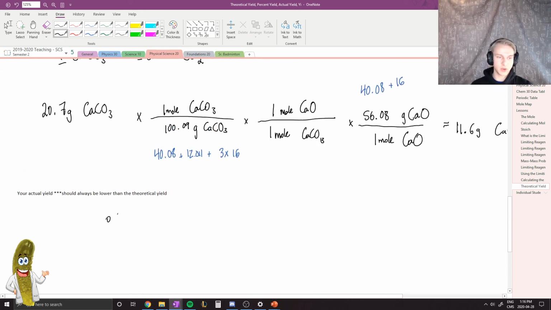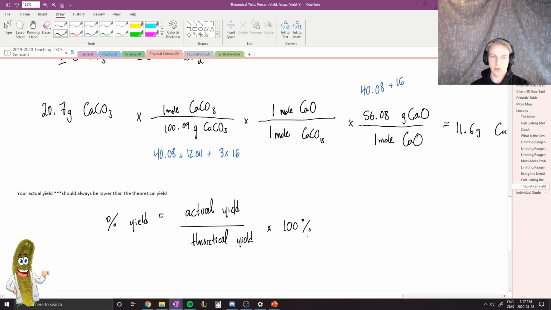So now the question asked us to calculate the percent yield, which as we said was equal to the actual yield divided by the theoretical yield, and we want to multiply by 100%.